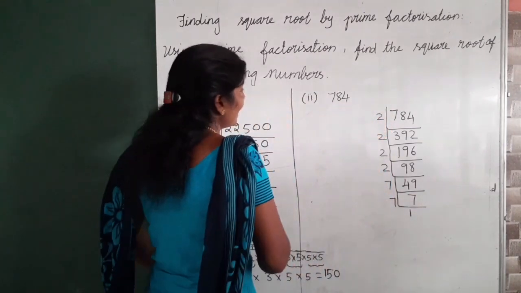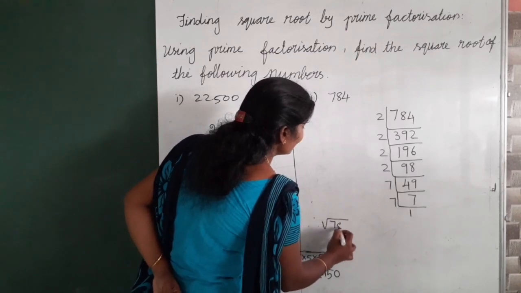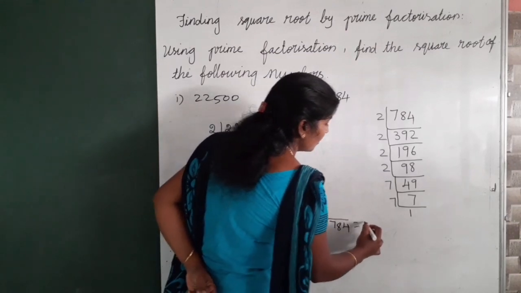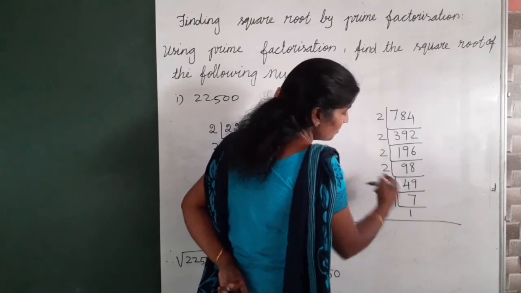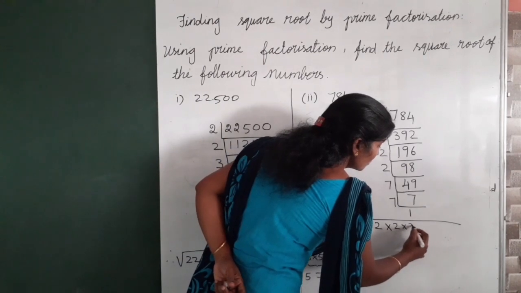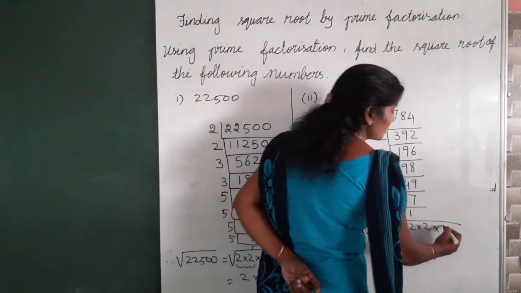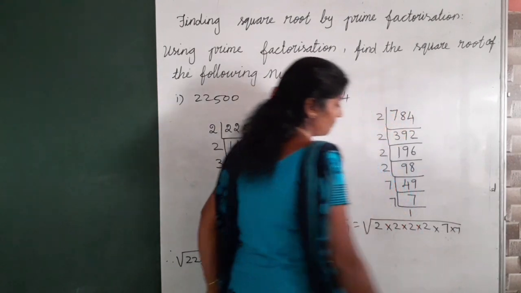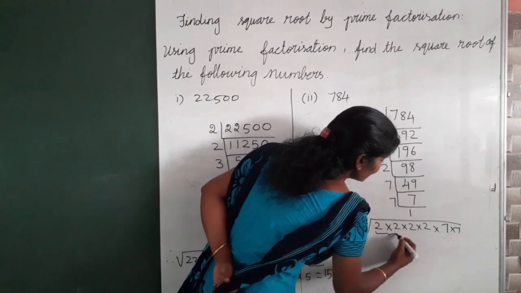Okay. Now we can write, therefore, the square root of 784 equals the square root of, here 1, 2, 3, 4 times 2, isn't it? So we can write 2 into 2 into 2 into 2, then again 2 times 7, so 7 into 7. Okay. Now we can take outside, 2 in 1 take outside.